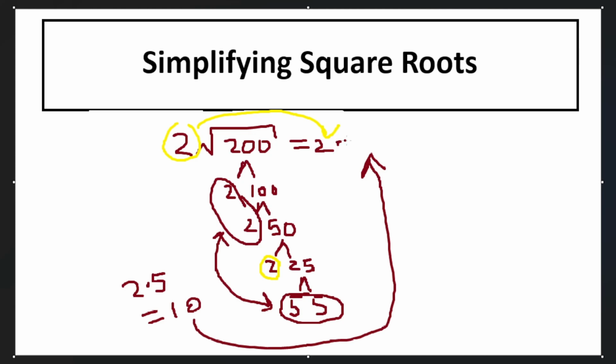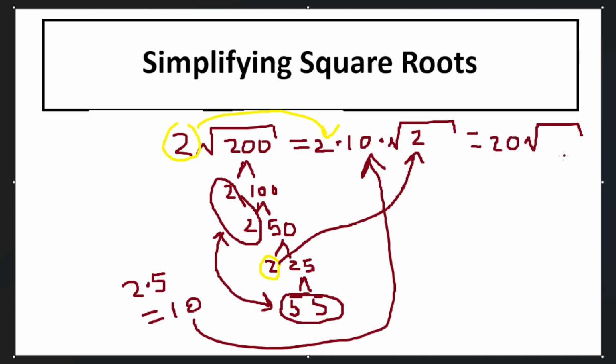So 2 times 10 times the square root of this no pair, like so, 2. Now, if we want to reduce it down a little bit further, we could do the 2 times the 10, which is 20, and times the square root of 2. So 20 square root of 2 would be your answer.